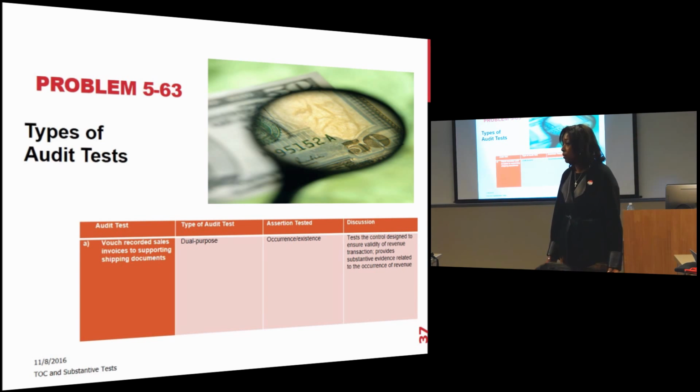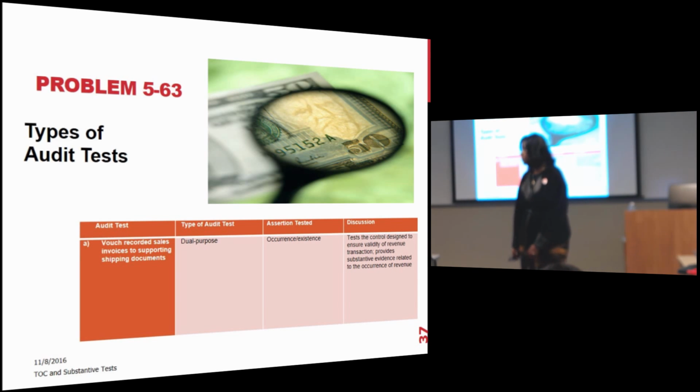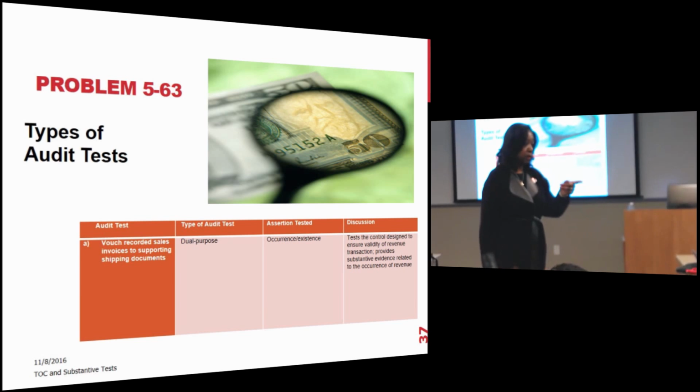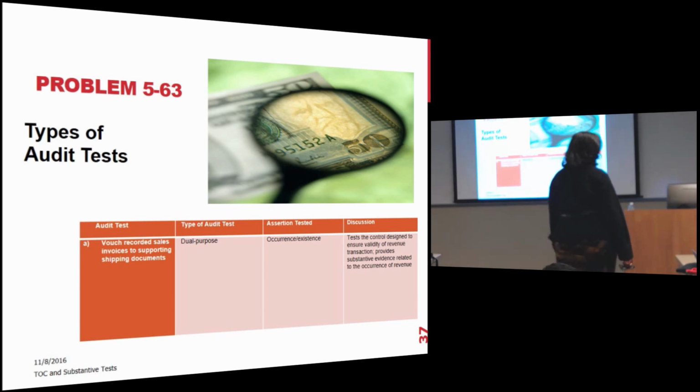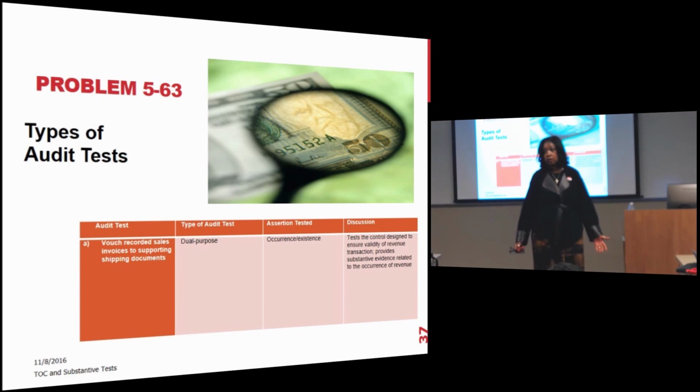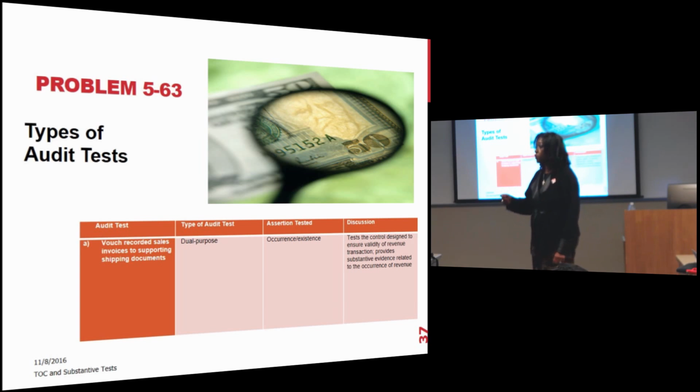What will we have evidence about? Revenue, yes, but what about revenue? That it occurred, right? Because we're talking about transactions. So the sale occurred because we have a shipping document. The shipping document in this example is how we determine that the revenue should be recorded.